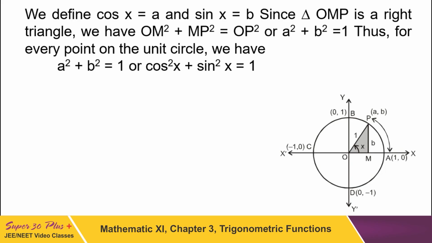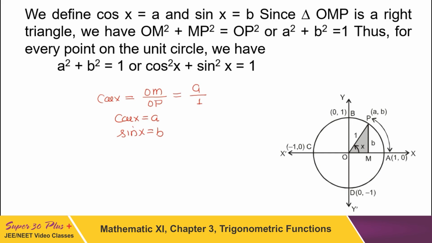Base is OM and hypotenuse is 1. Means cos x is equal to OM upon OP. For the point P (a, b), the length OM is a and OP is 1. Means cos x is equal to a. Similarly, sin x is equal to b.